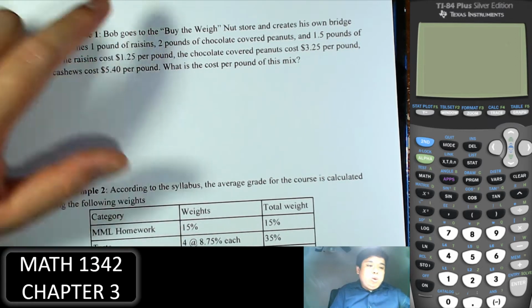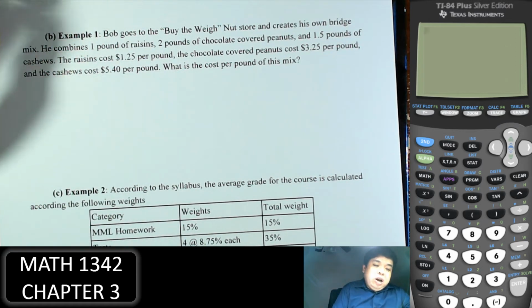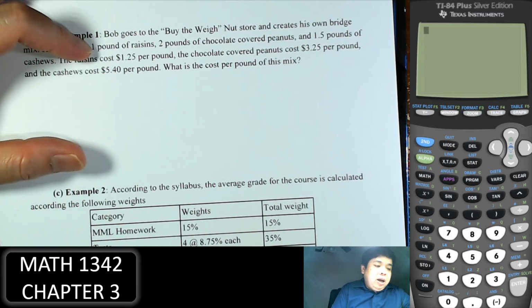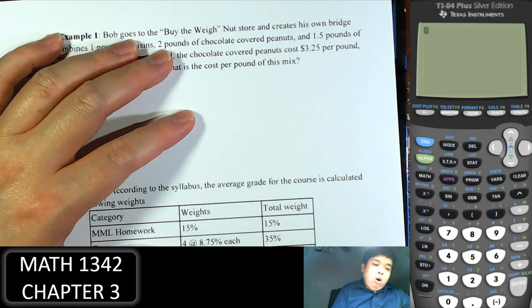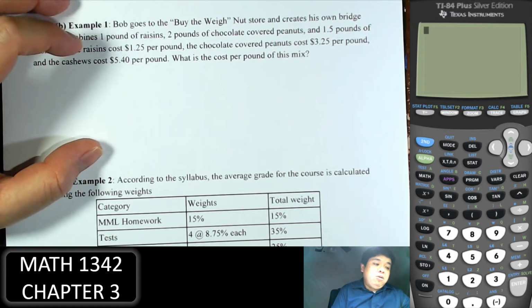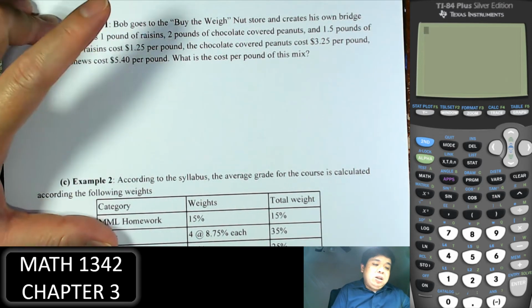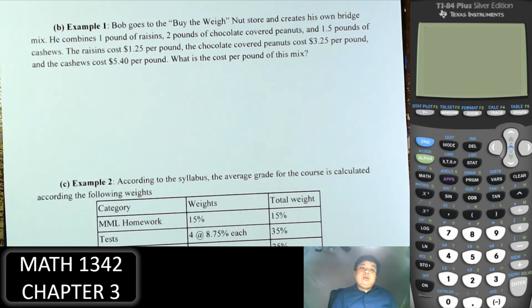Bob goes to the nut store to create his own mix: 1 pound of raisins, 2 pounds of chocolate covered peanuts, and 1.5 pounds of cashews. What is the cost per pound of the mix?